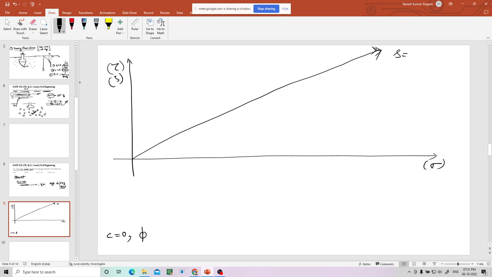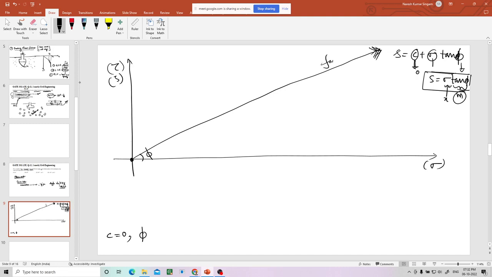Shear strength is equal to C plus sigma tan phi. This is the normal stress, this is cohesion, this is friction angle phi. If C is 0, it should pass through the origin, and here the equation becomes tau equal to sigma tan phi. This is nothing but y equal to mx, where m is the slope, tan phi, and phi is the angle of inclination of this failure envelope.